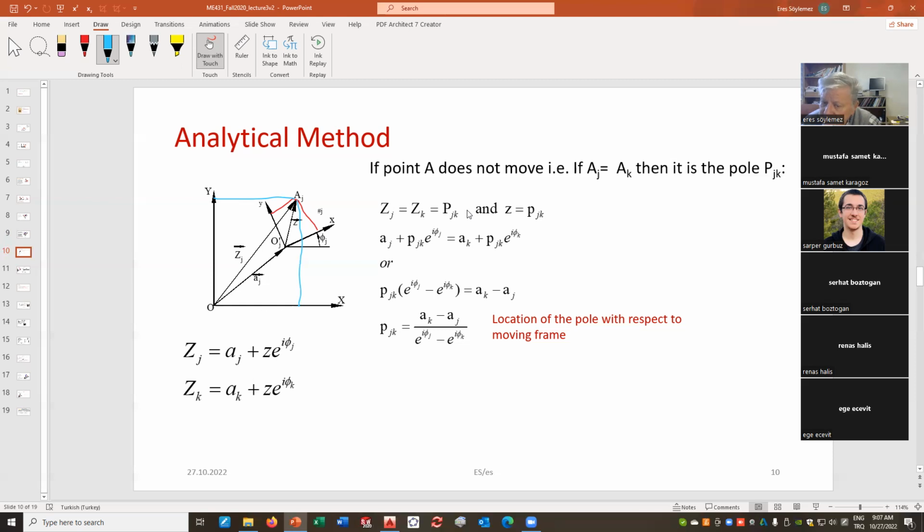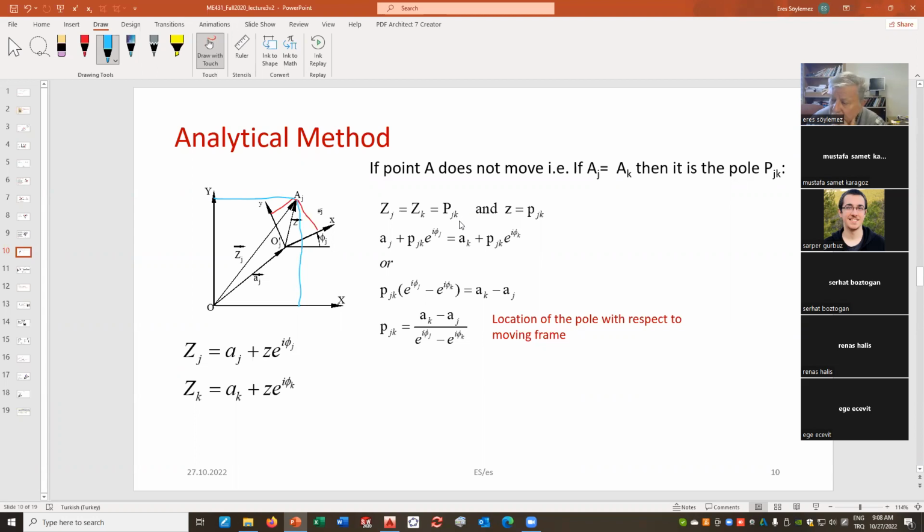We call it capital Pjk. And in that case, Z, we shall call it Pjk, measurement of the pole from the moving reference frame. It is small Pjk. It is the only point on the moving body which has this characteristic, the same position for 2 positions.